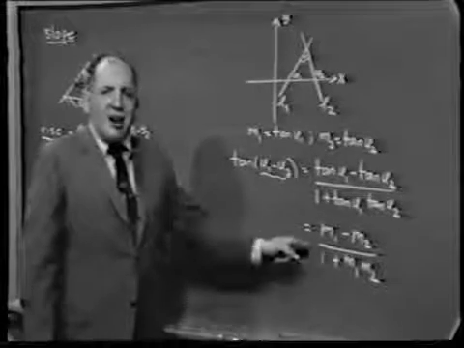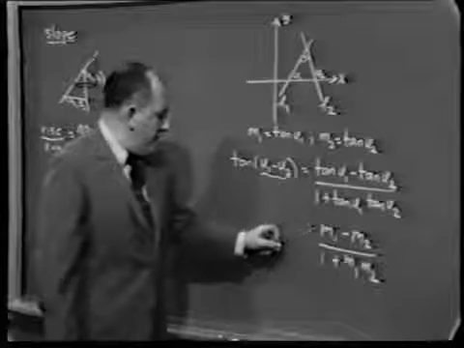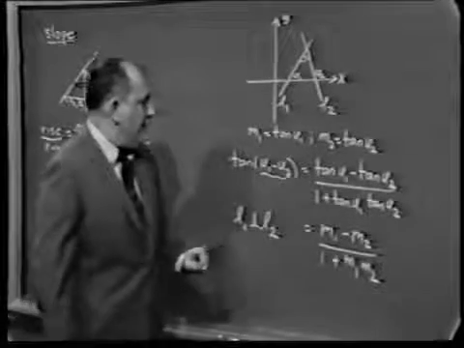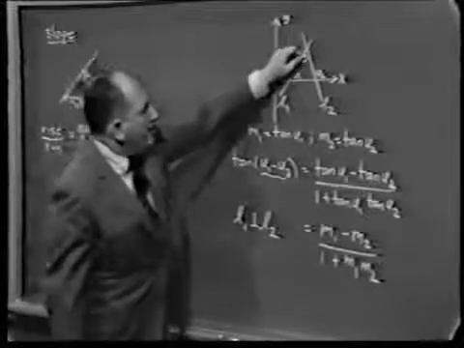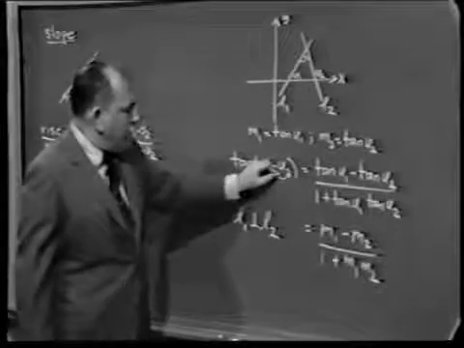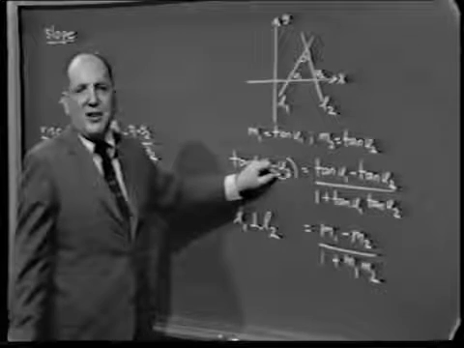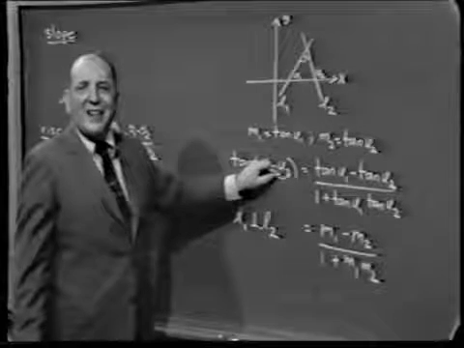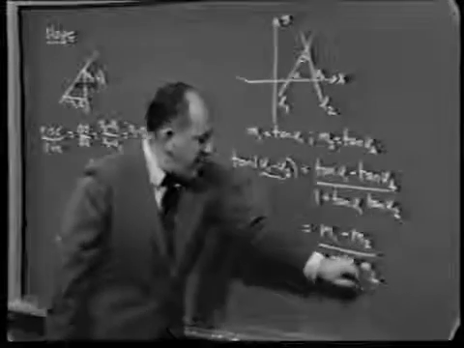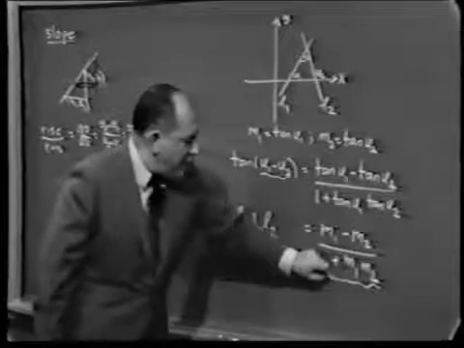A less obvious relationship that's equally important is, how do you measure whether two lines are perpendicular? The answer is, if they're perpendicular, the angle between them is 90 degrees. The tangent of 90 degrees is infinity, as we learned. That's equivalent to saying what? That the denominator is 0. See, the only way a fraction blows up is for the denominator to be 0.